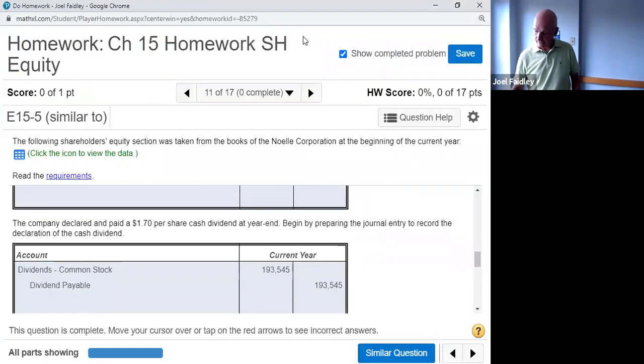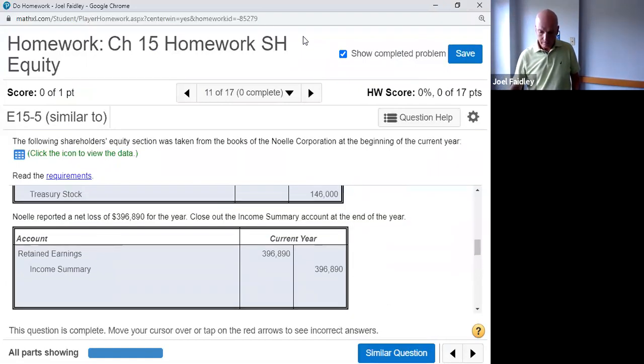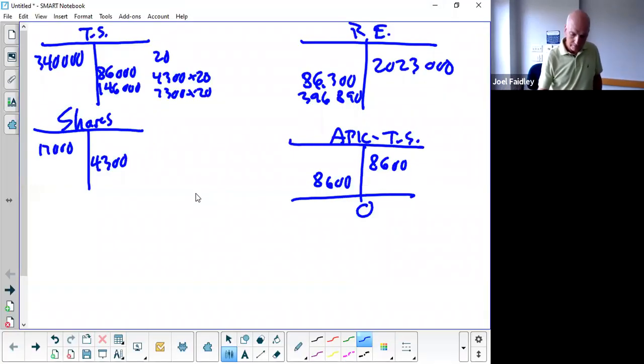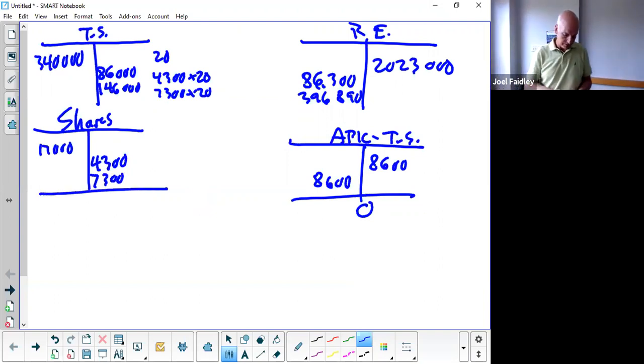And then we paid a cash dividend, didn't we, at year end, of $1.70. So what is our balance of shares? I didn't fill that in there a minute ago, did I? What's the treasury stock shares outstanding?